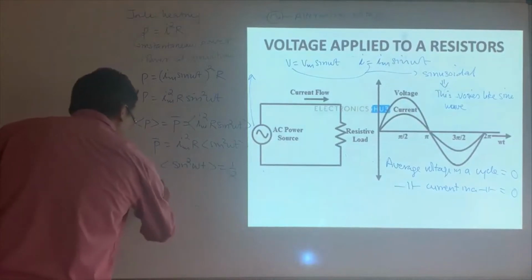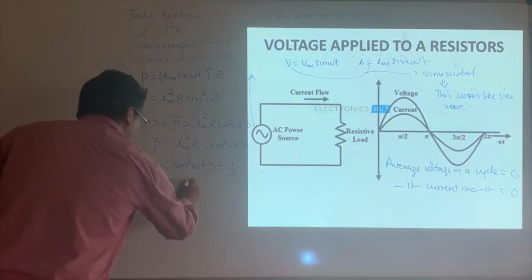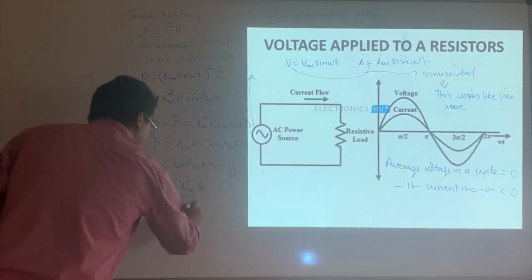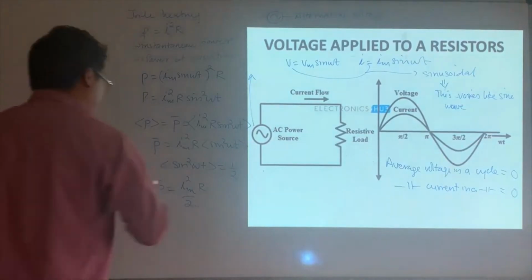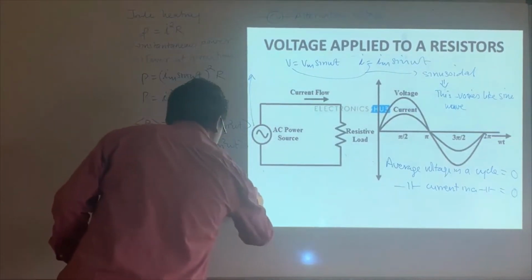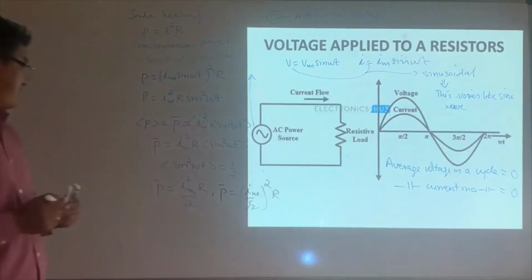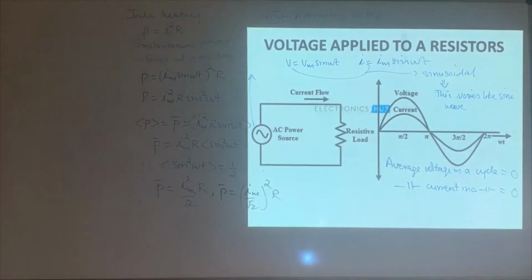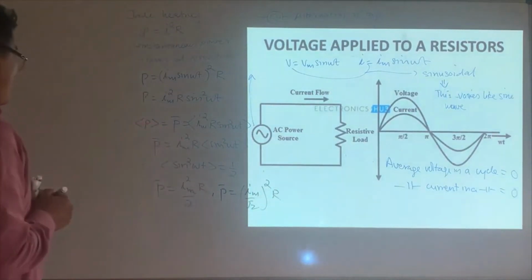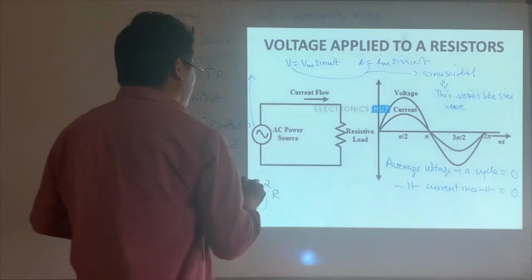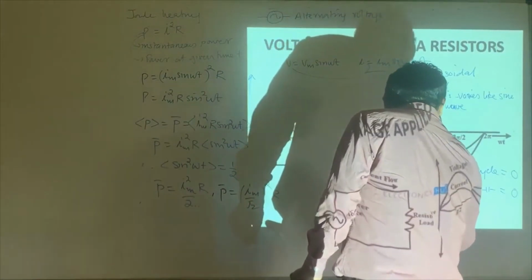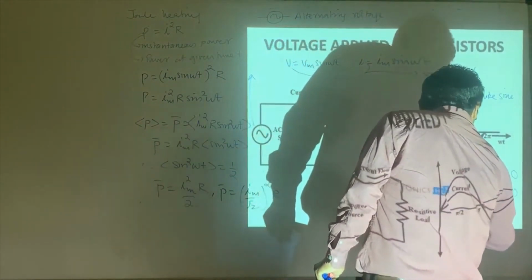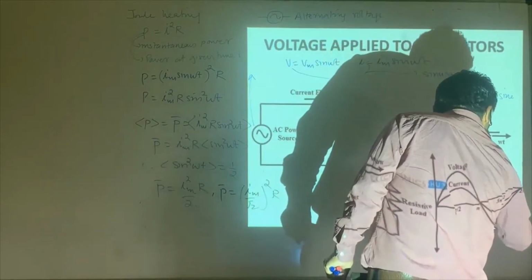So therefore average power is equal to Im square R divided by 2, and average power is equal to Im by root 2 whole square R. So the average power in a cycle is not equal to 0.